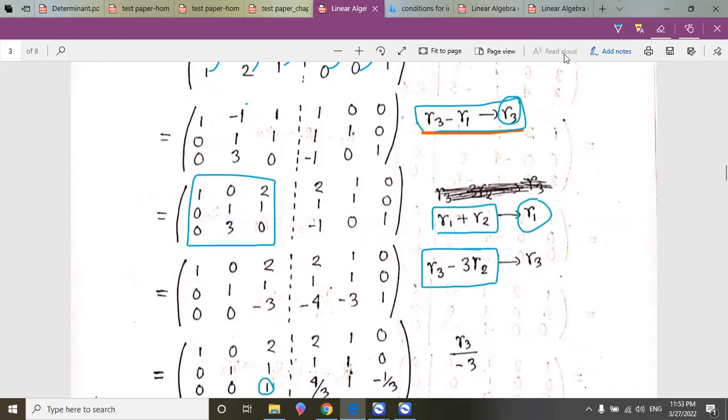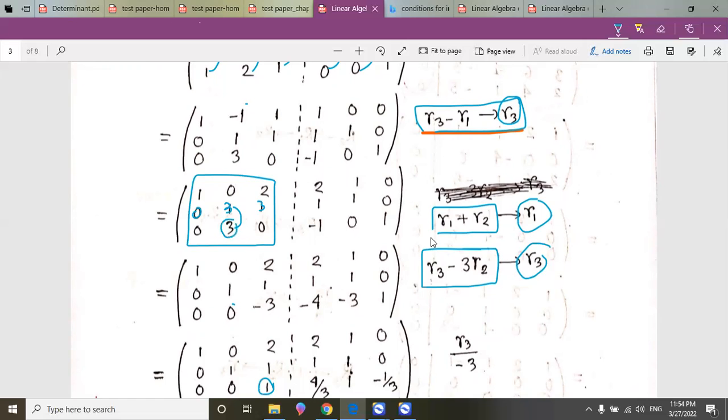So this way, we multiply the second row. 3 multiply 0 is 0. 3 multiply 1 is 3. And 3 multiply 1 is 3. So 3 minus 3, that is going to be 0. We substitute the value to the third row because we want this entry as 0.